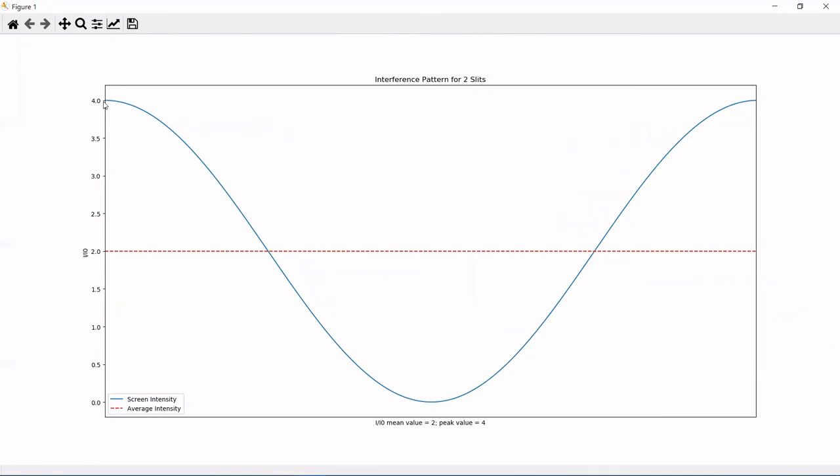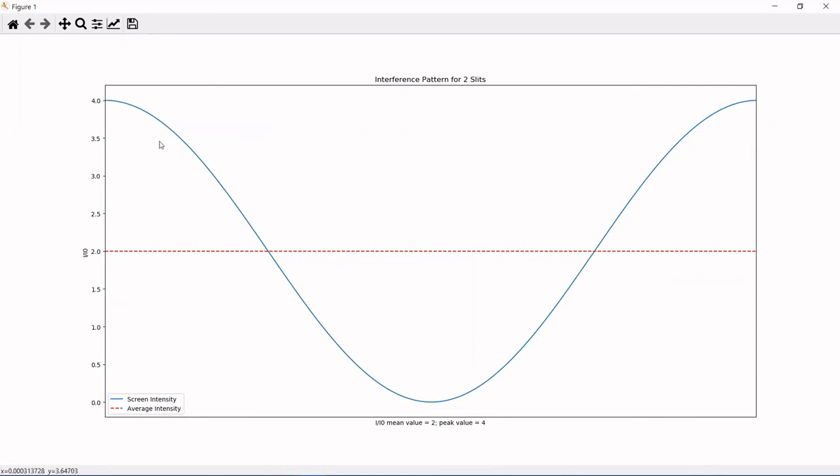So where the total intensity is 4, we're talking about the location of maximum constructive interference. That's the center of a bright fringe. And then down here where the intensity drops to 0 is the center of a dark fringe. That's where we get perfect destructive interference.